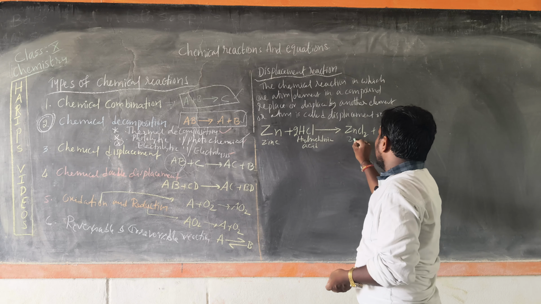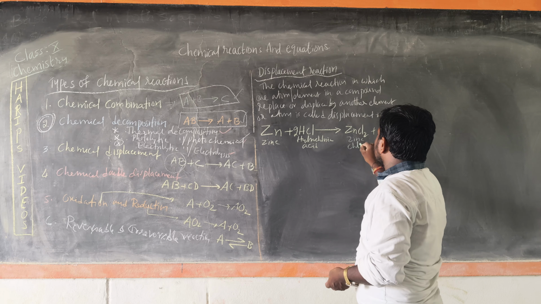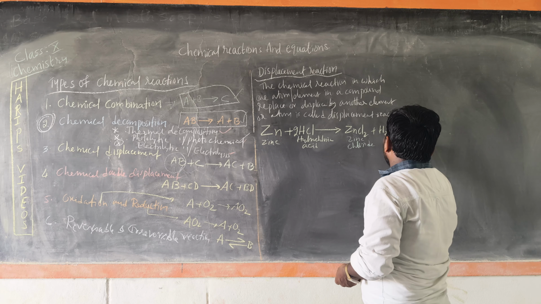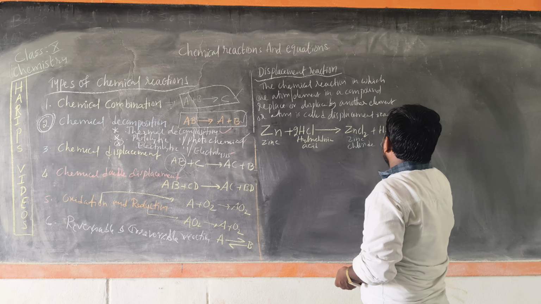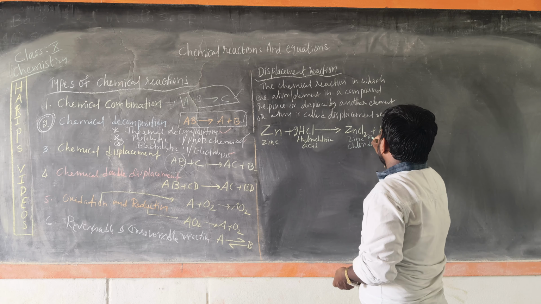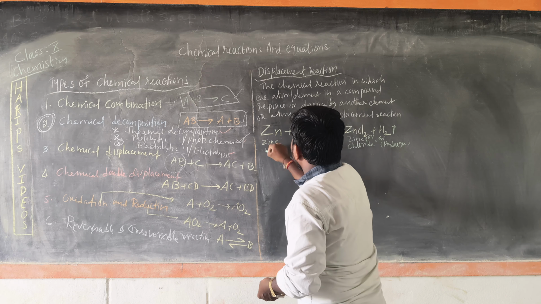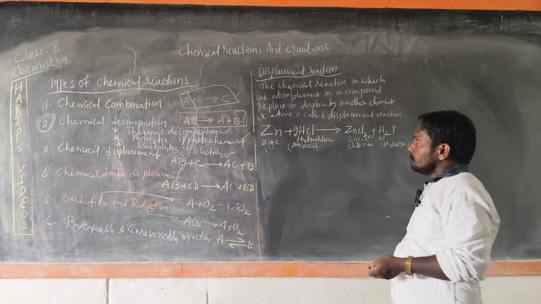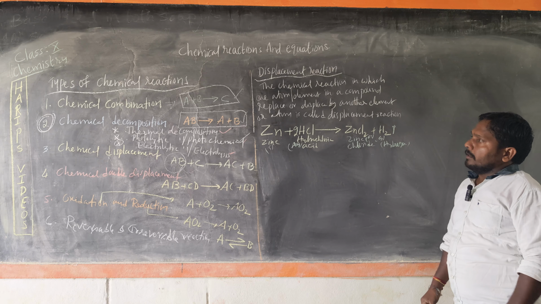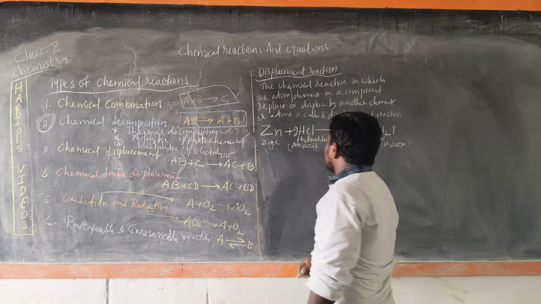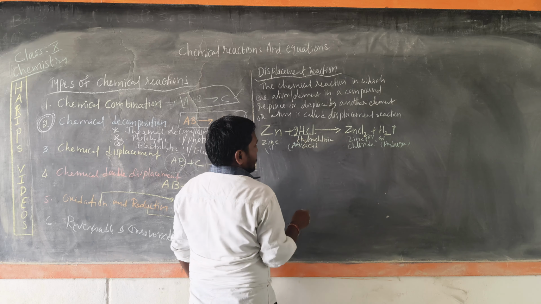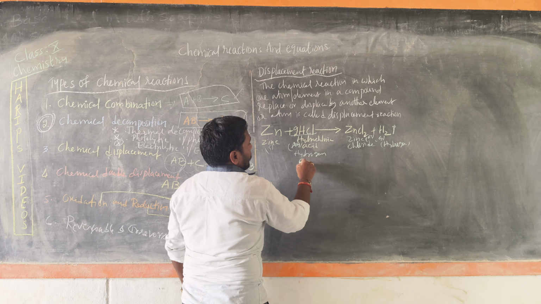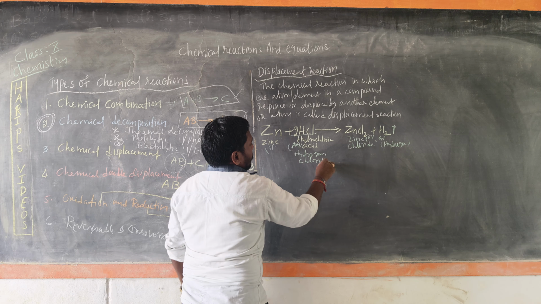In this reaction, hydrogen is a gas, and the other substances are in aqueous solution. Here, HCl, hydrochloric acid, you can write as hydrogen chloride.